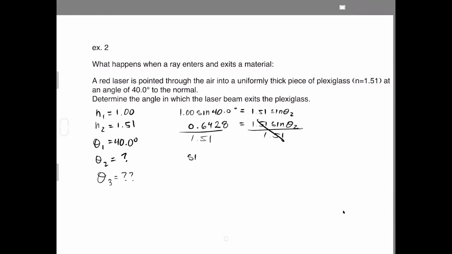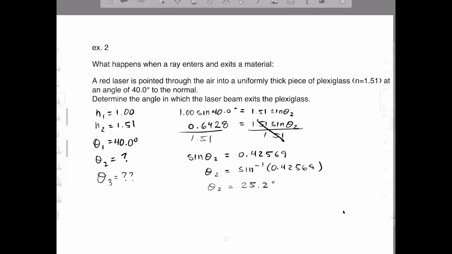So that I get sine theta 2 equals 0.42569 approximately. Theta 2 ends up being the inverse sine of that number. So according to my calculator, that is 25.2 degrees, more or less. So let's keep that answer in mind for now.